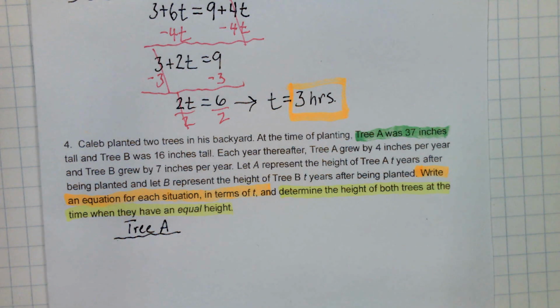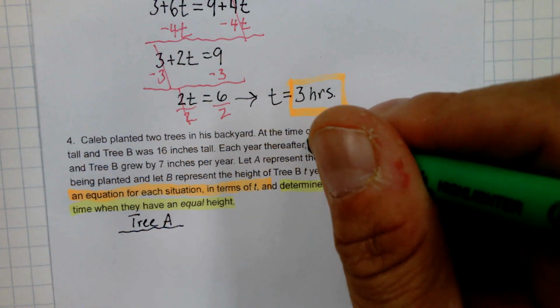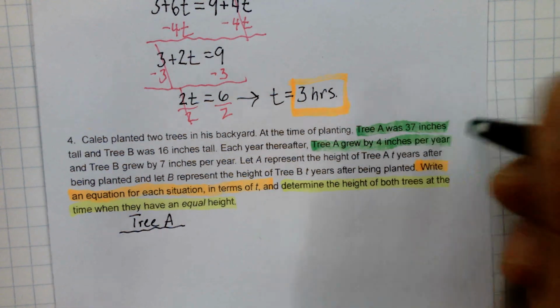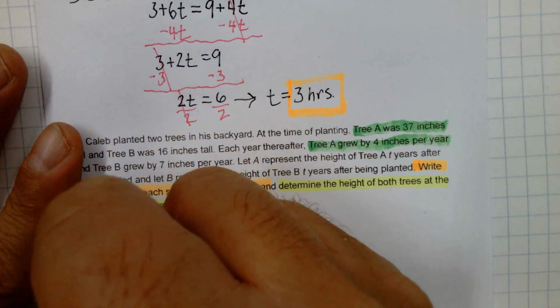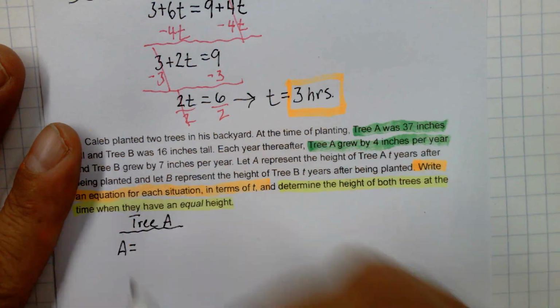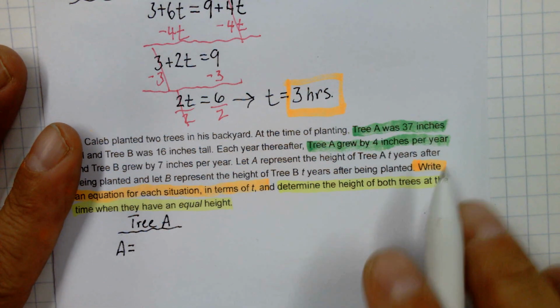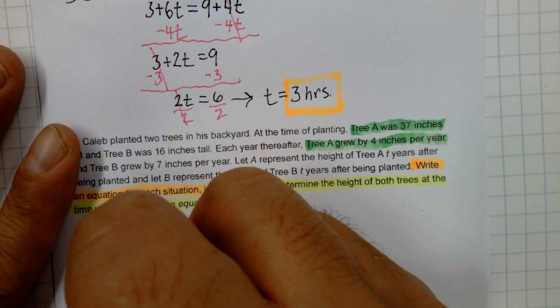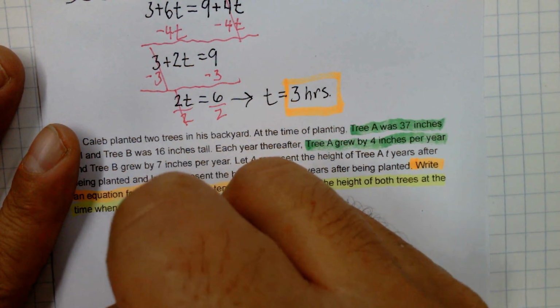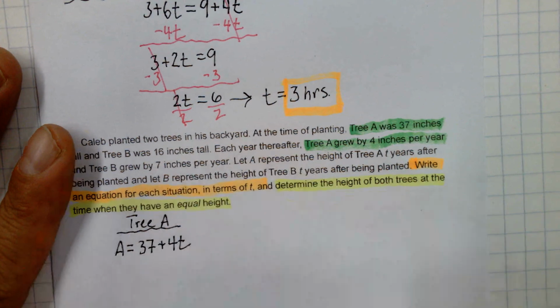How fast was it growing? So that gives us our equation for A. A equals 37 plus 4t.